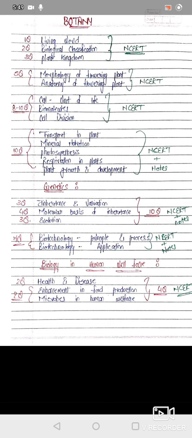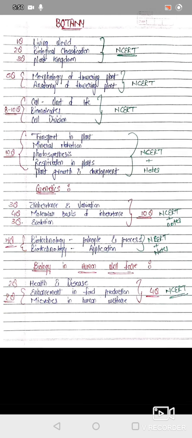So you just have to see what you should consider first, what should be your priority. You are getting me? For genetics you can't do it at the end moment because it has concepts. You have to refer both NCERT and class notes. So we will prepare ourselves according to this.